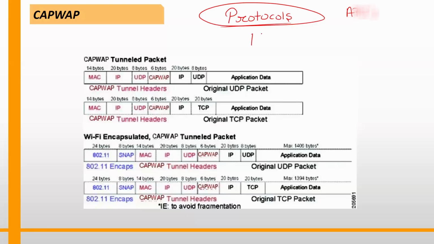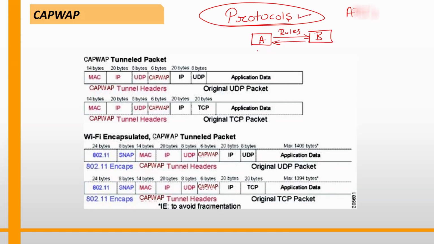For example, when device A communicates with device B, you need to have a set of rules. Suppose device A talks English, device B also needs to talk English, so then they can communicate with each other. That set of rules is called protocols.